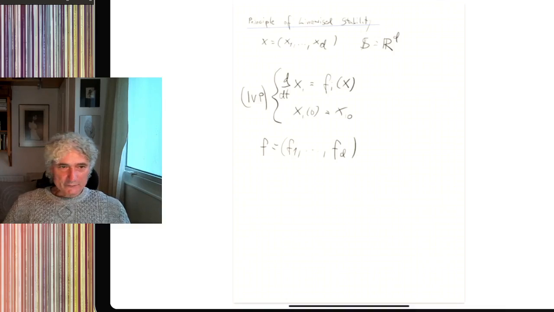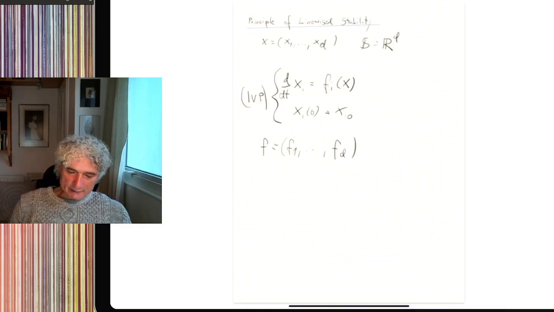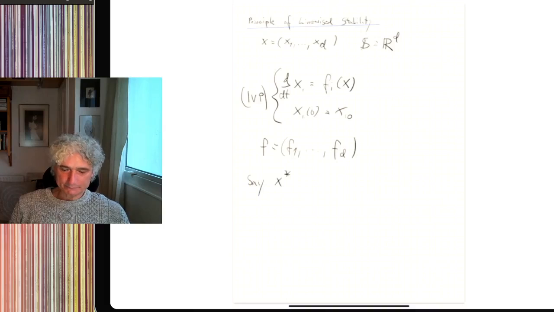Now you define the Jacobian at an equilibrium. Say we have an equilibrium, which we call now in this notation x star.